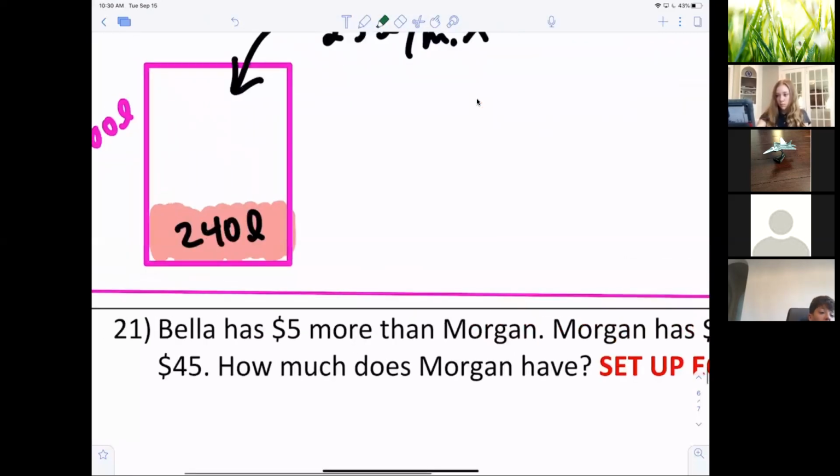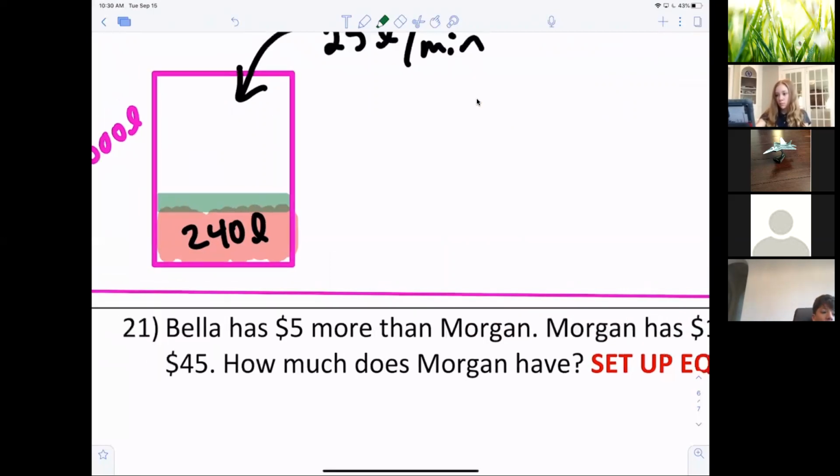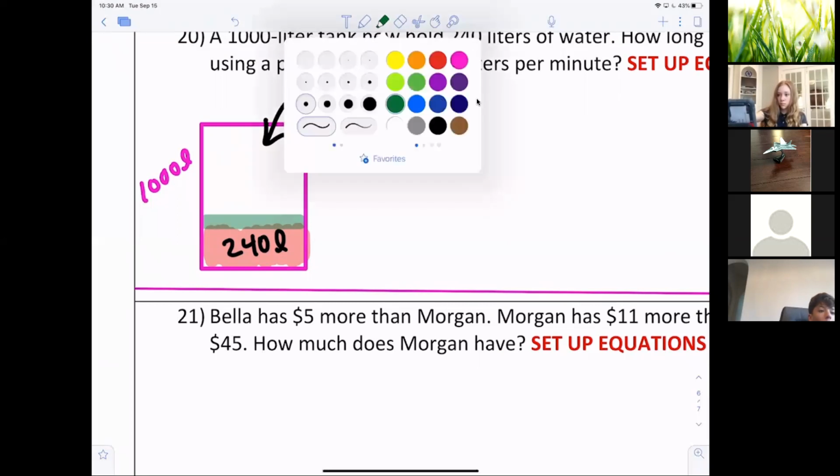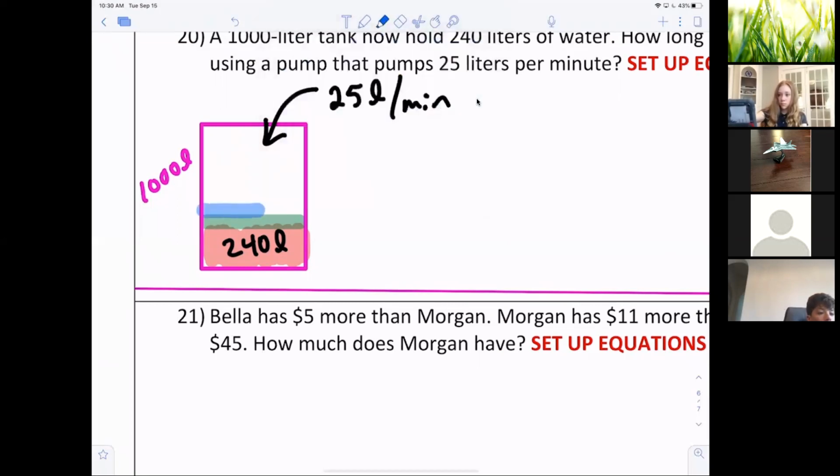After 1 minute, how many more liters are in there? 25. Thank you, Jack. 25, right? That means it's at 265 liters now. After another minute, Brian, how much is in there? 290 liters.